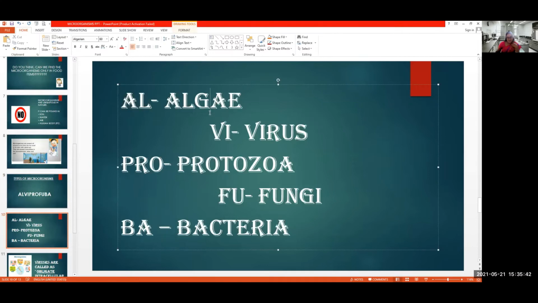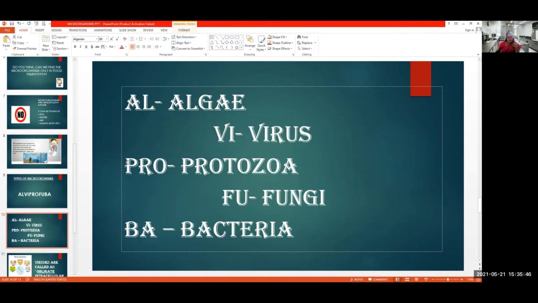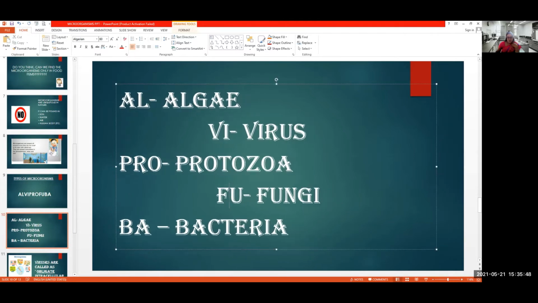AL, algae; VI, virus; PRO, protozoa; FU, fungi; BA, bacteria. That is, there are 5 different types of microorganisms: algae, virus, protozoa, fungi, bacteria.